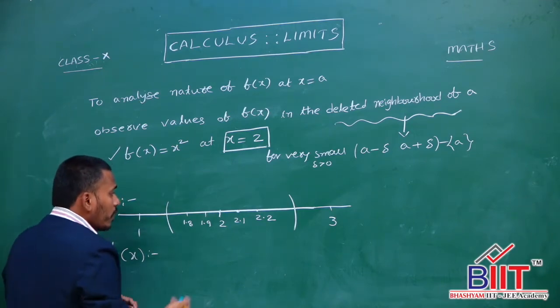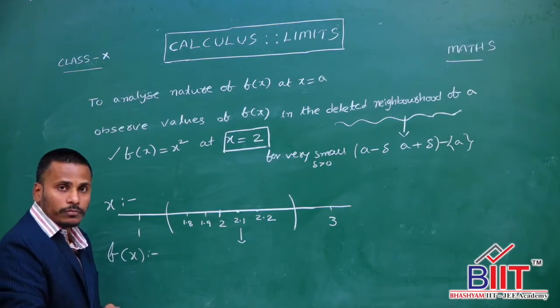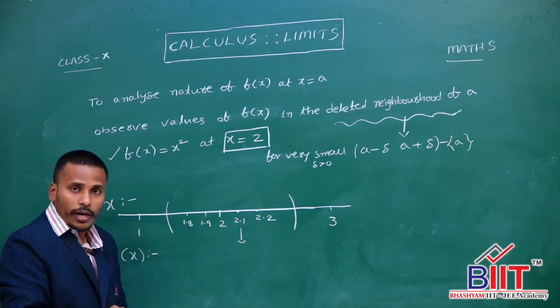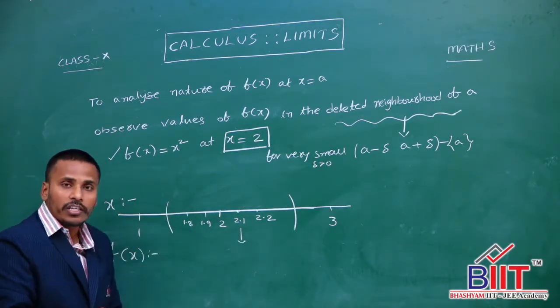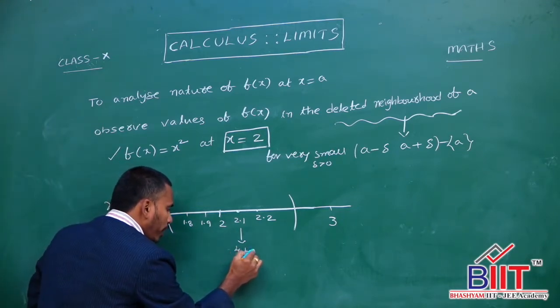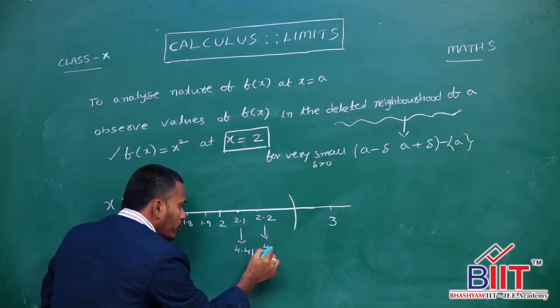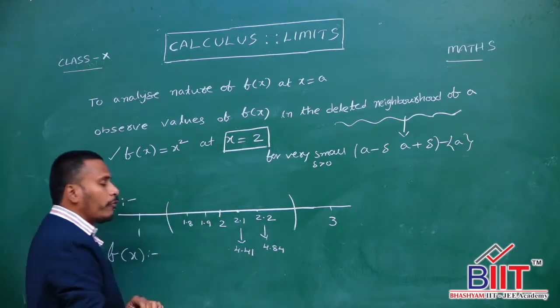At 2.1, what is the functional value? Since the function is x square, at 2.1 the functional value is 2.1 square, approximately 4.41. At 2.2 the functional value is approximately 4.84.